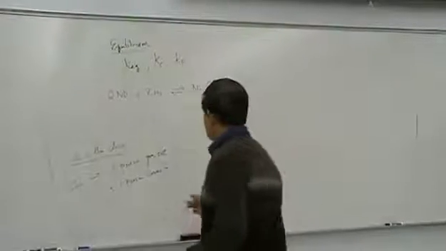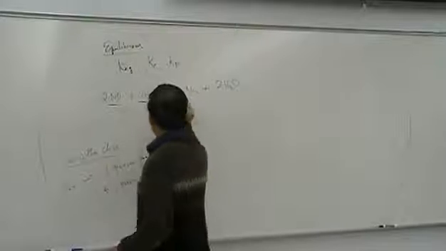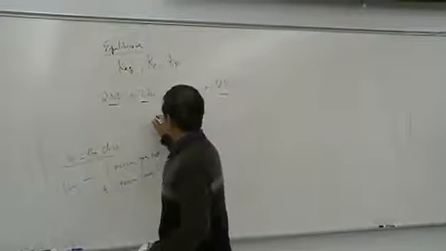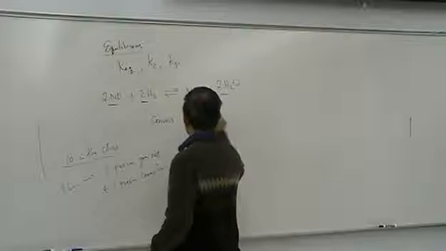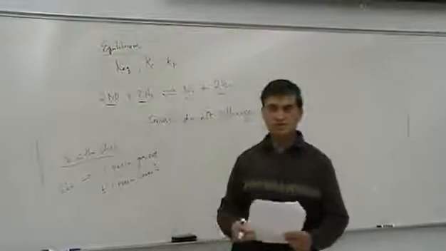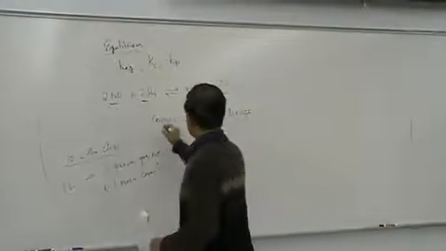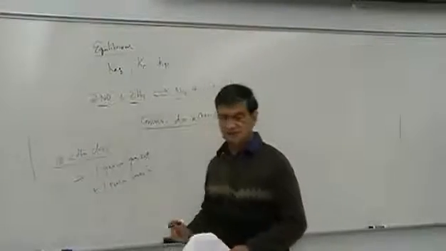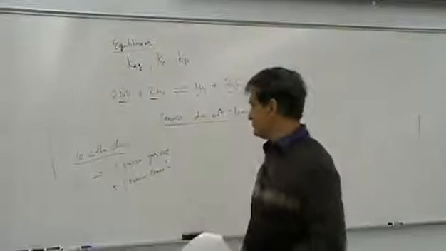So at equilibrium, concentrations remain unchanged. Before you reach equilibrium, concentrations will keep on changing. After you reach equilibrium, concentrations do not change because the forward rate equals the reverse rate, and they balance each other.